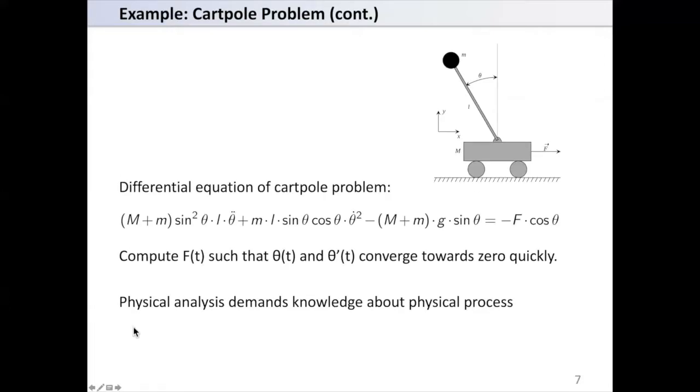The differential equations of the Cartpole problem, describing its dynamics, are given here.